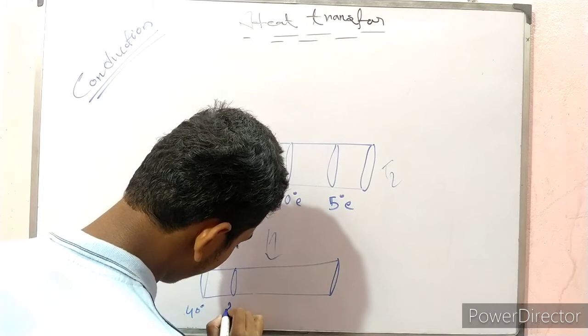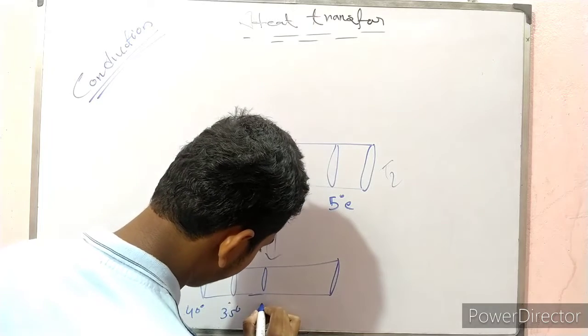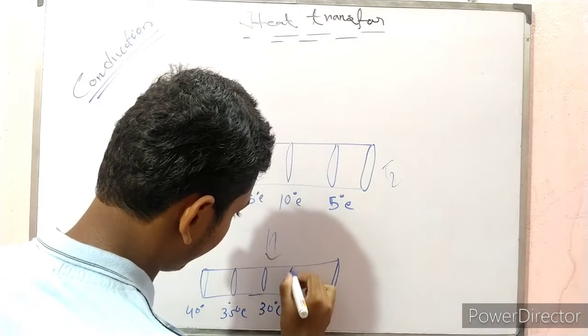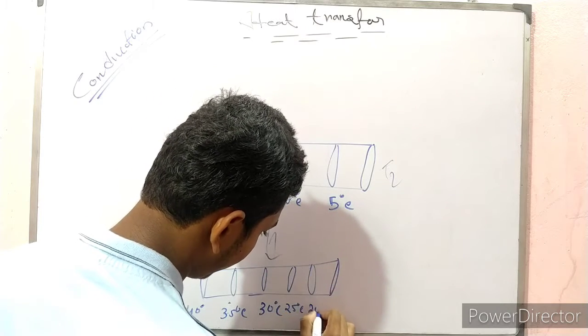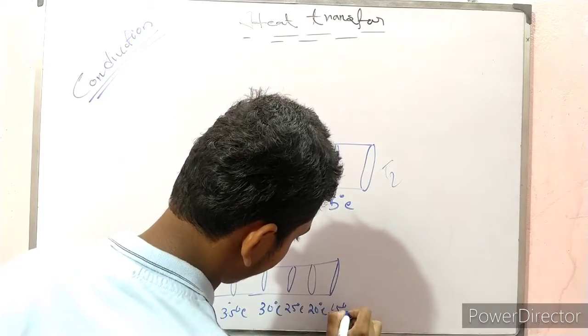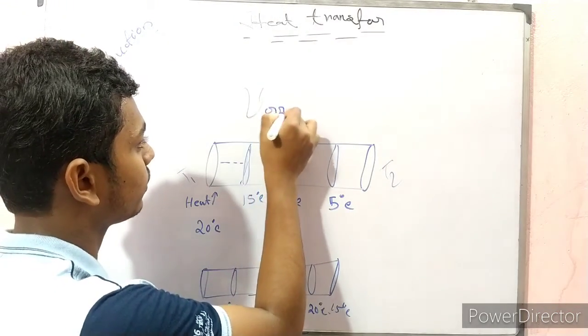So here that is 35 degrees Celsius, that is 30 degrees Celsius, that is 25 degrees Celsius, that is 20 degrees Celsius, and that is 15 degrees Celsius. That I have to call the variable state.